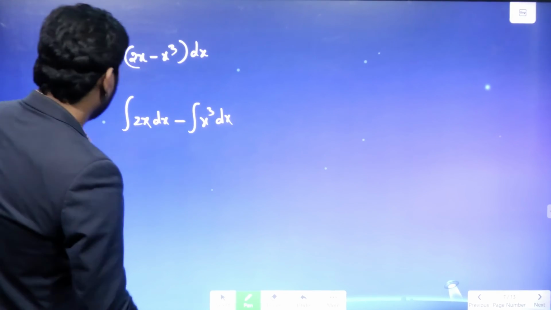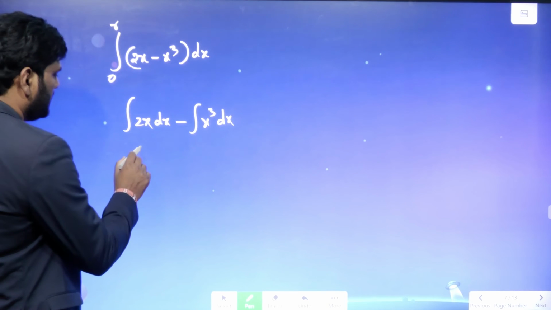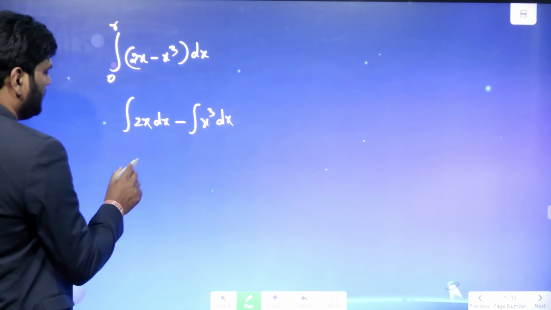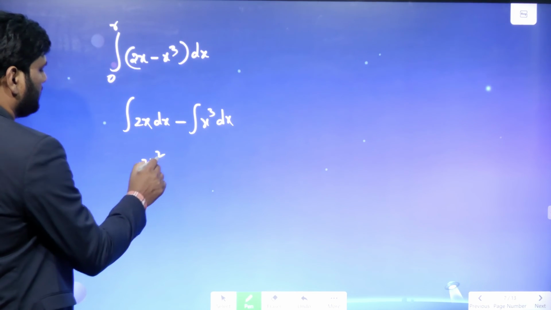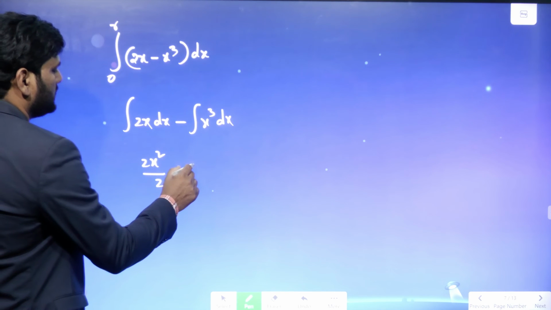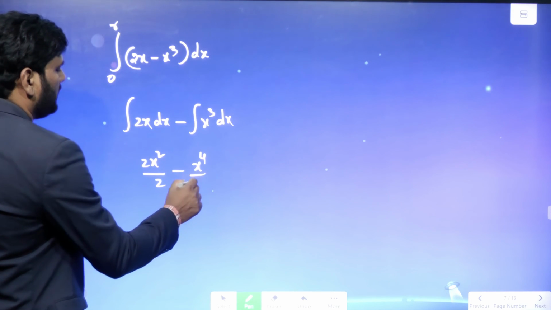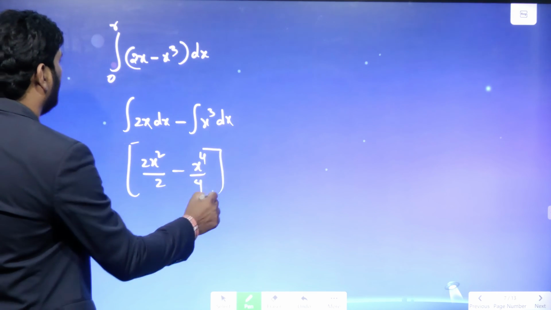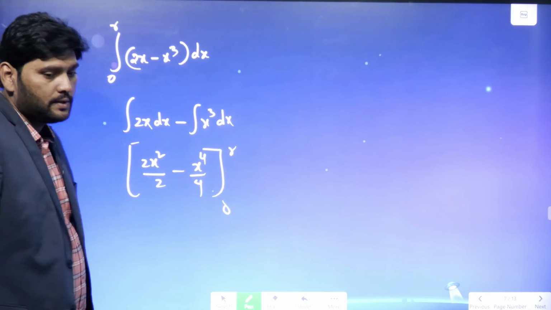Integral 2x means 2x square by 2 minus x power 4 by 4. The limits are 0 to r.